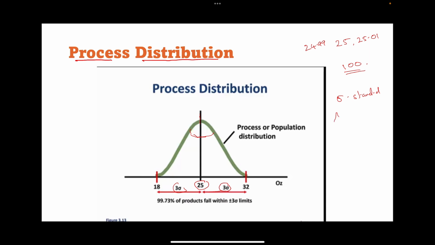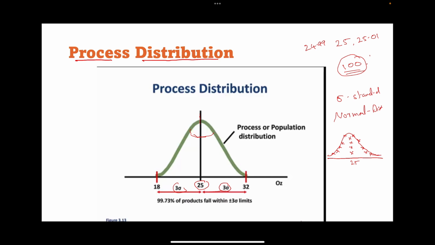In order to understand this, we need to understand what we mean by normal distribution. Suppose the goods are manufactured. If you are manufacturing 100 products, most of the products will be around this, and some products will be manufactured so the limit will go like this, right? And if you plot a chart, then you will get a curve like this.